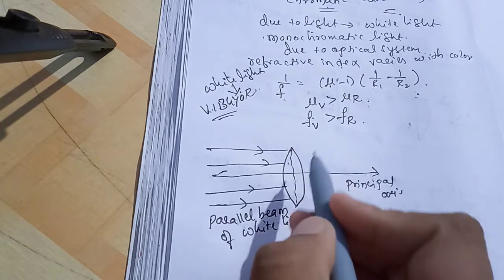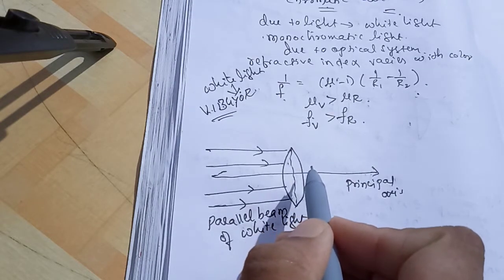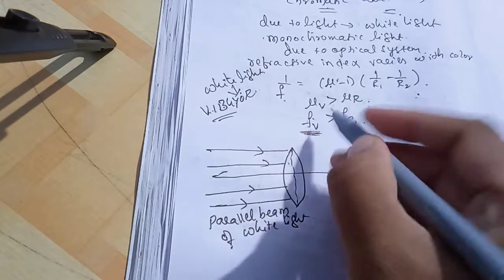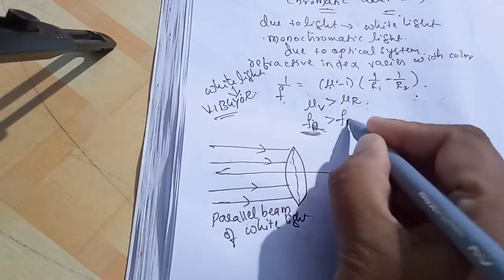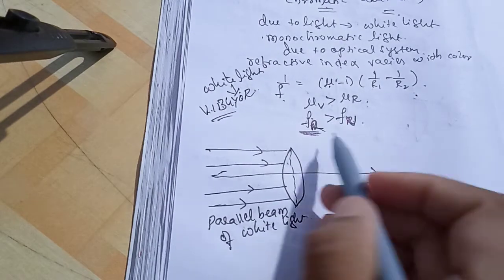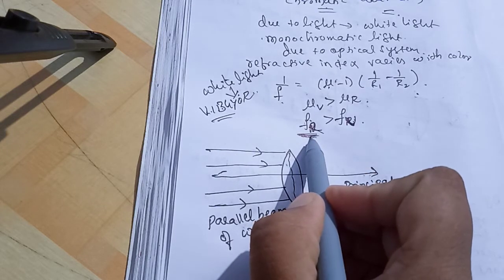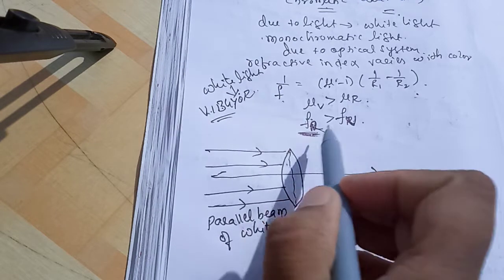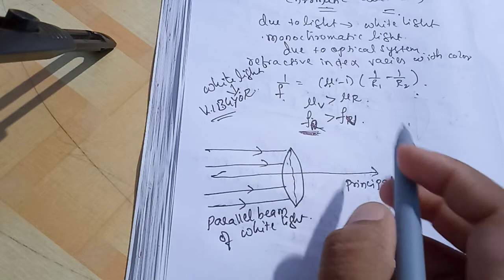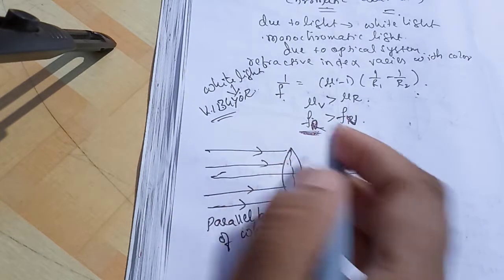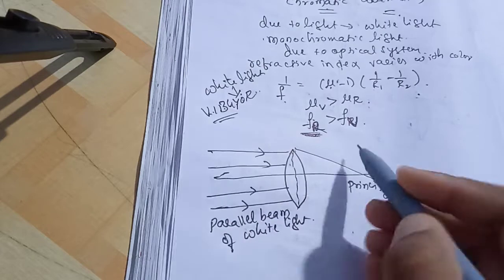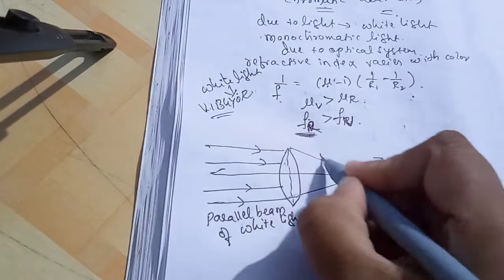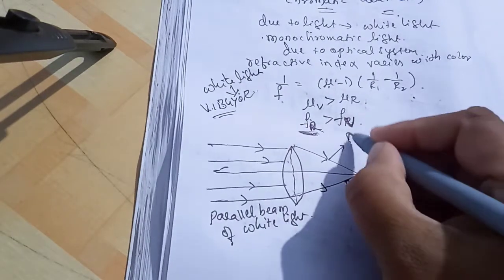So the reason is that refractive index varies with the color. Due to that fact, the focal length of red will be greater than that of the violet. As the focal length of these red rays is greater, they will focus at a farther distance from the lens. These are red rays.